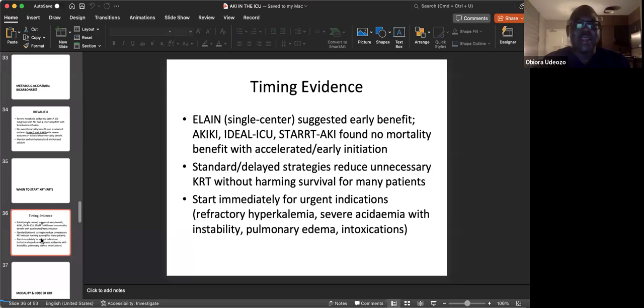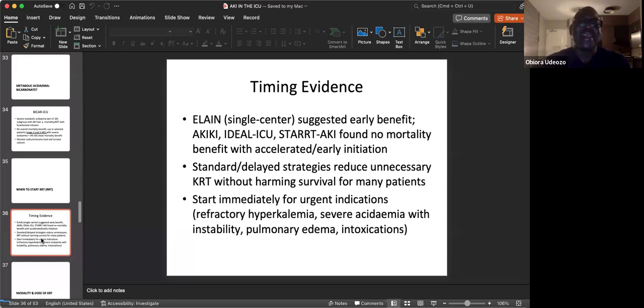You have the ELAIN trial, the AKIKI trial, the IDEAL-ICU trial, and the STARRT-AKI trial. All were large multicenter, randomized, controlled trials, and they found no mortality benefit with starting CRRT or renal replacement therapy early. The recommendation was just to look for the standard indications for dialysis.